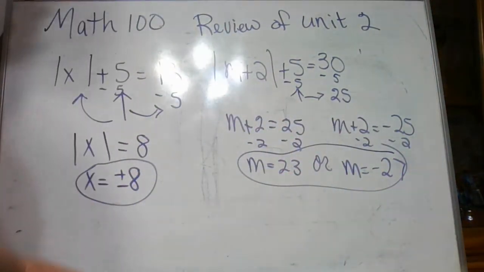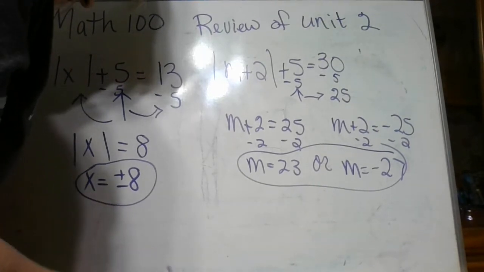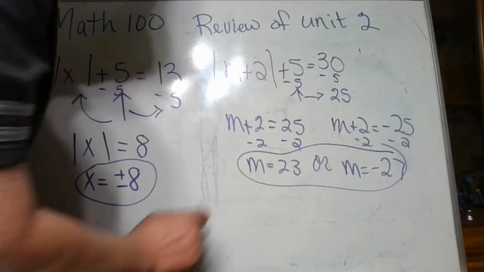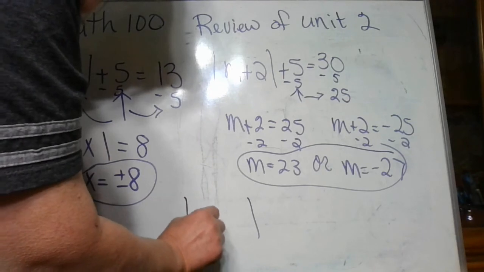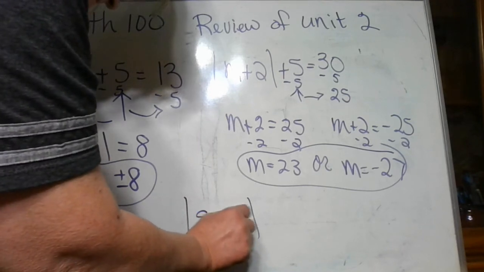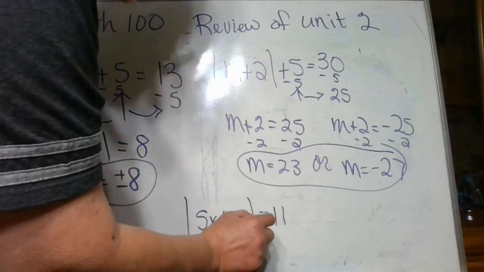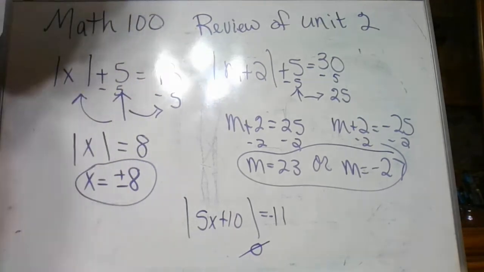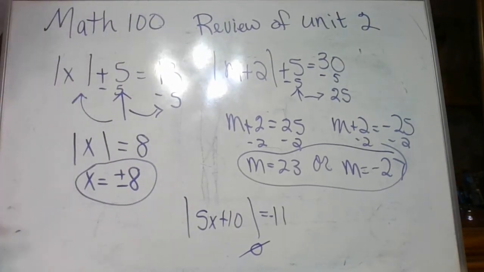One more example, then we're going to move on to radicals. I think we'll do rationals first. If I have the absolute value of 5x plus 10 is equal to negative 11, there is no solution, because absolute value represents distance and distance cannot be negative.